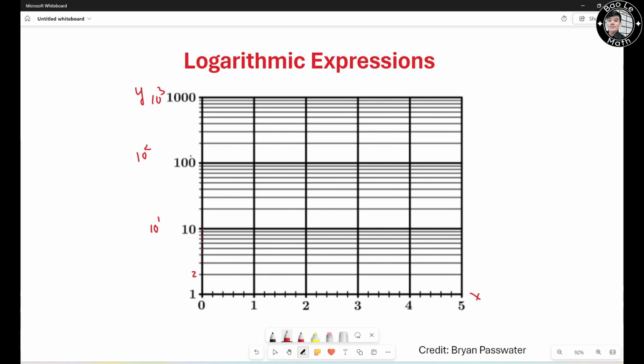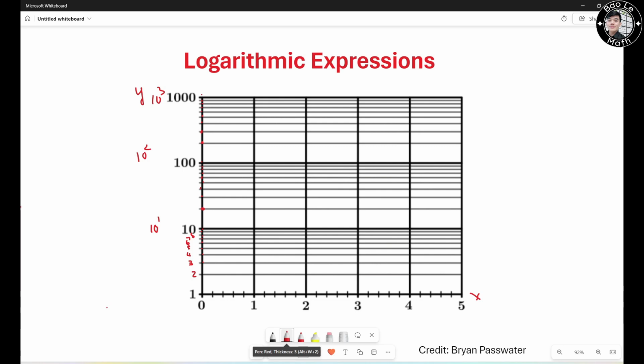Now from 10 to 100, this is 10, this guy should be 20, 30, 40, 50, 60, 70, 80, 90, and 100. This is 100 and go to 1000, and then this is 100 and this is 200, 3, 4, 5, 6, 7, 8, 900, and 1000.